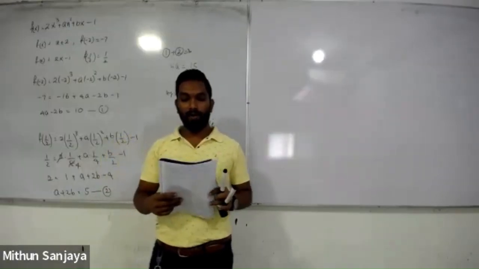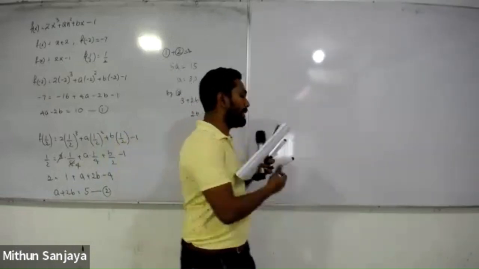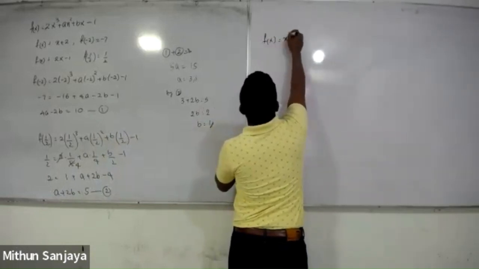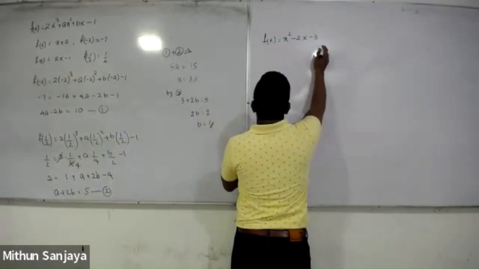Now here we have a question. Let f(x) equal x squared minus 2x minus 6. Find f(-1) and f(3).